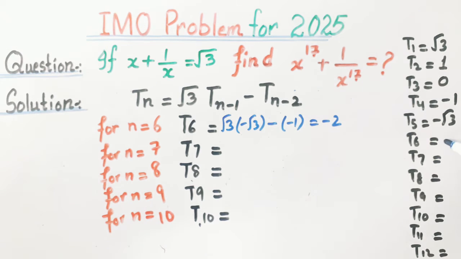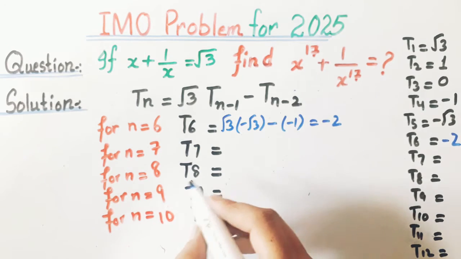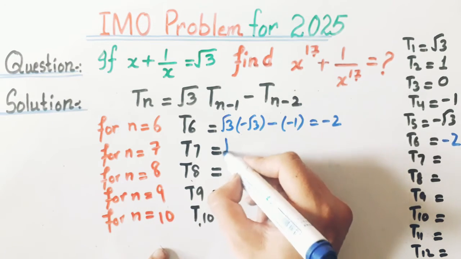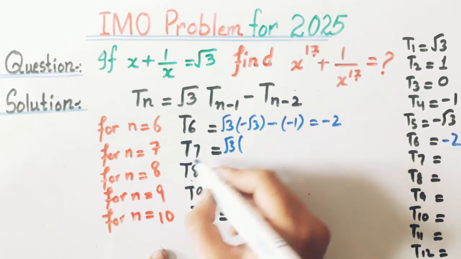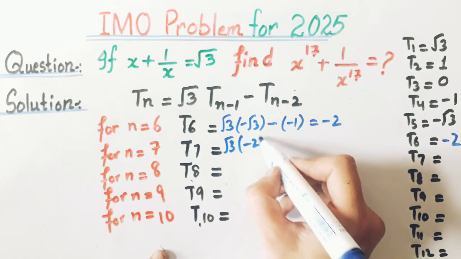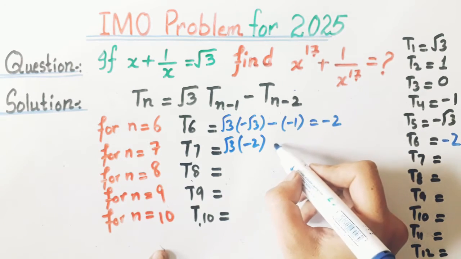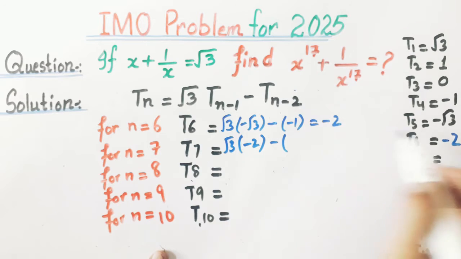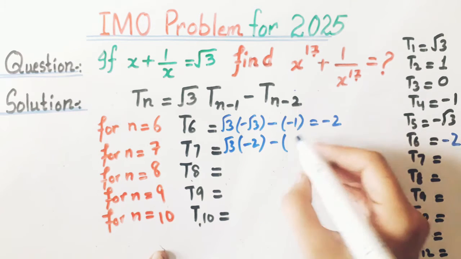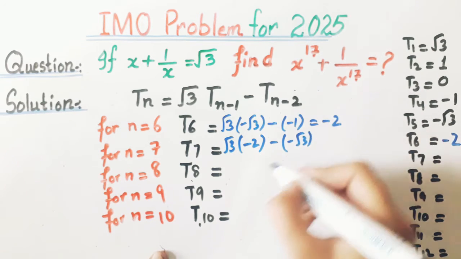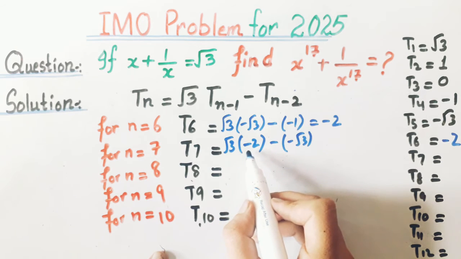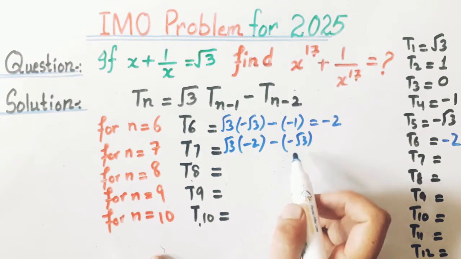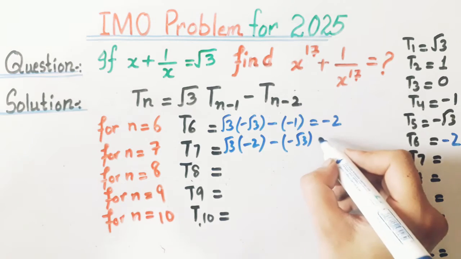So this value is minus 2. Then T7 will be equal to square root 3 times T6, that is minus 2, minus T5 value, that is minus square root 3. So this will be equal to minus 2 square root 3, plus square root 3, which is minus square root 3.